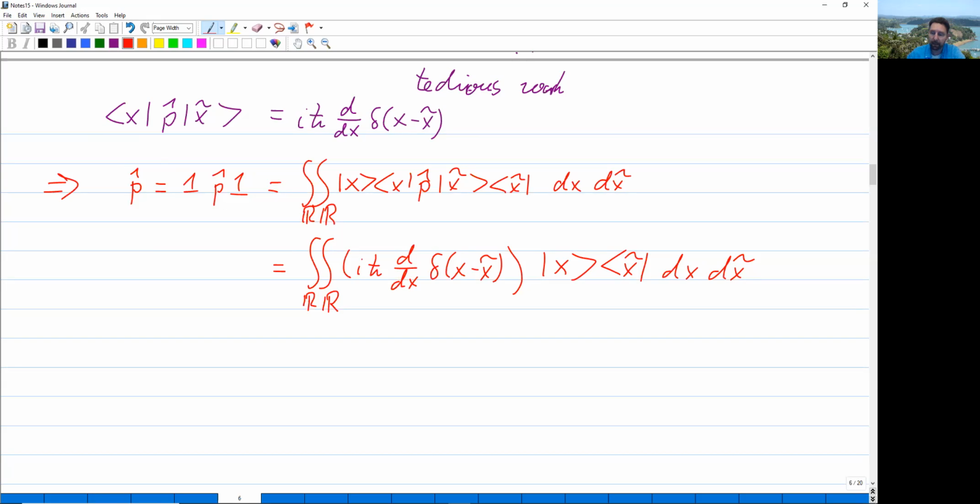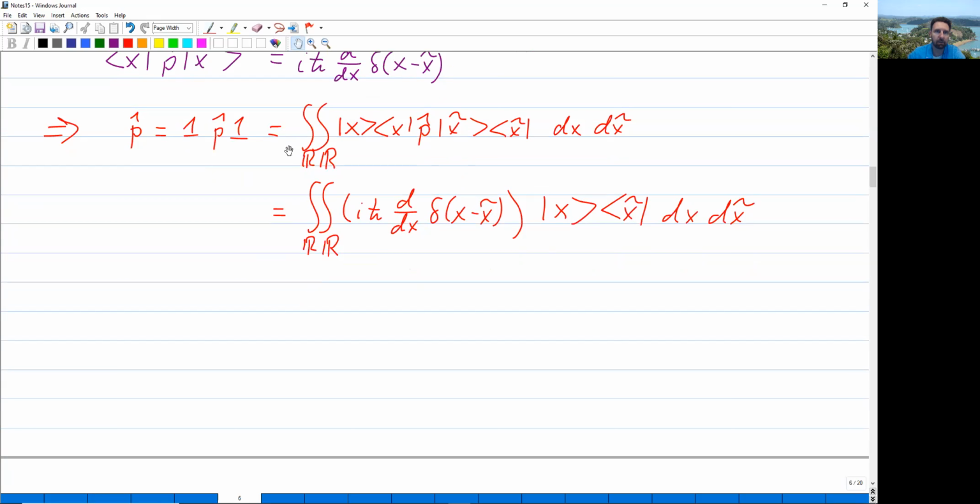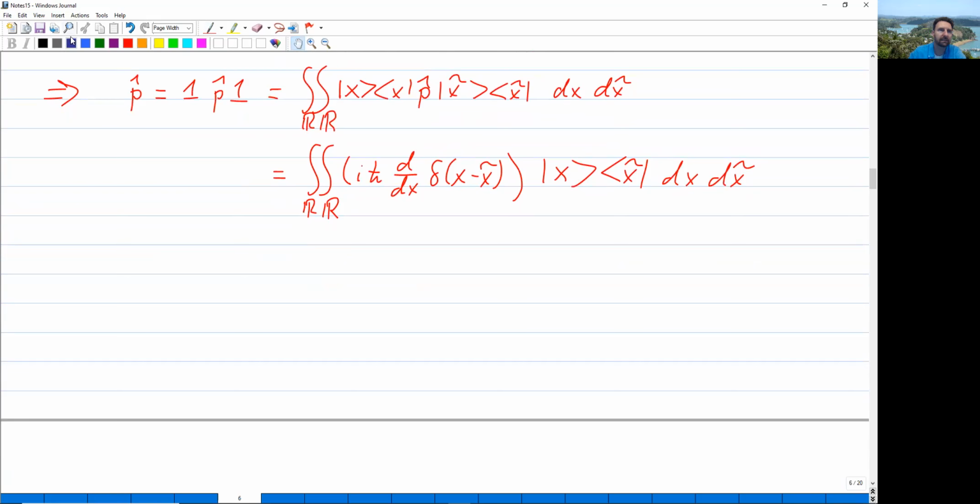Now all of this looks pretty abstract, but we can apply this and see how it all plays out in practice. So let's see it in action. Let's write down some abstract equation involving the momentum operator and then solve it or re-express it in terms of the position basis.